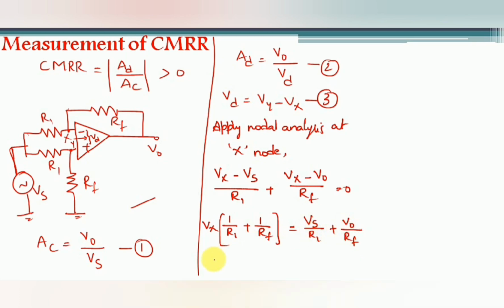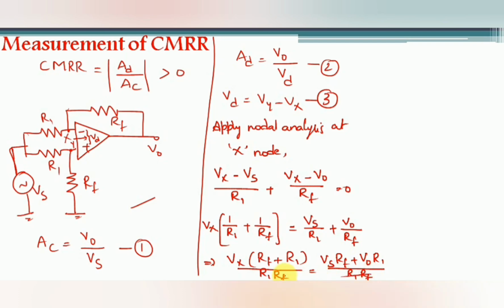Now take the LCM. Then it is Vx into Rf plus R1 by R1 Rf, which is equal to Vs Rf plus V0 R1 by R1 Rf.